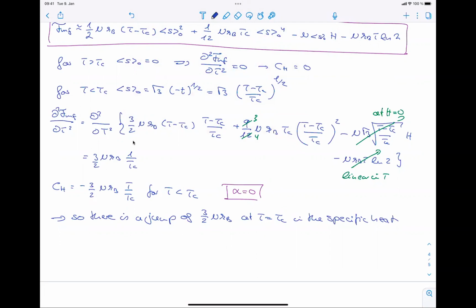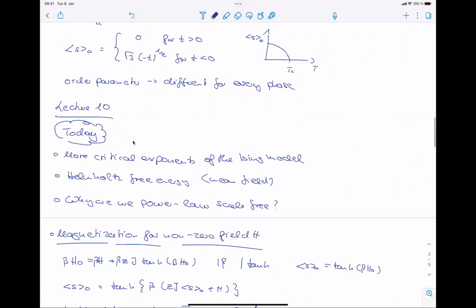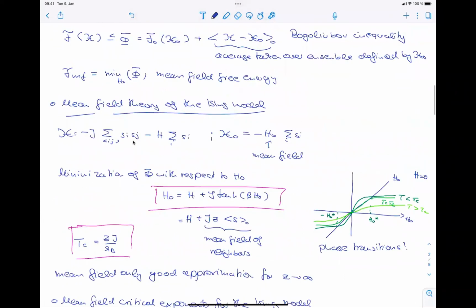And we already saw for 0 applied field how we can see that there is a phase transition. And what I find really appealing about this graphical solution of the constituting equation of the mean field here is that you can readily read off the dynamics of the system.